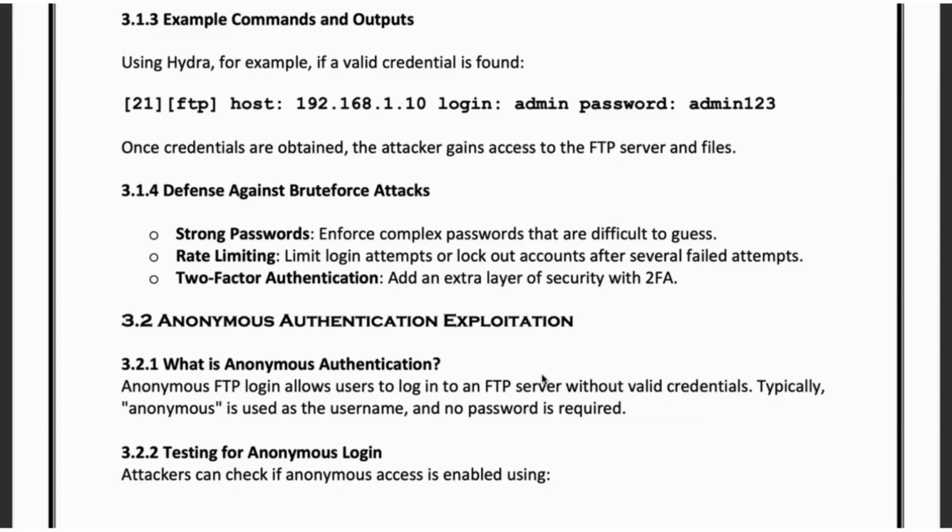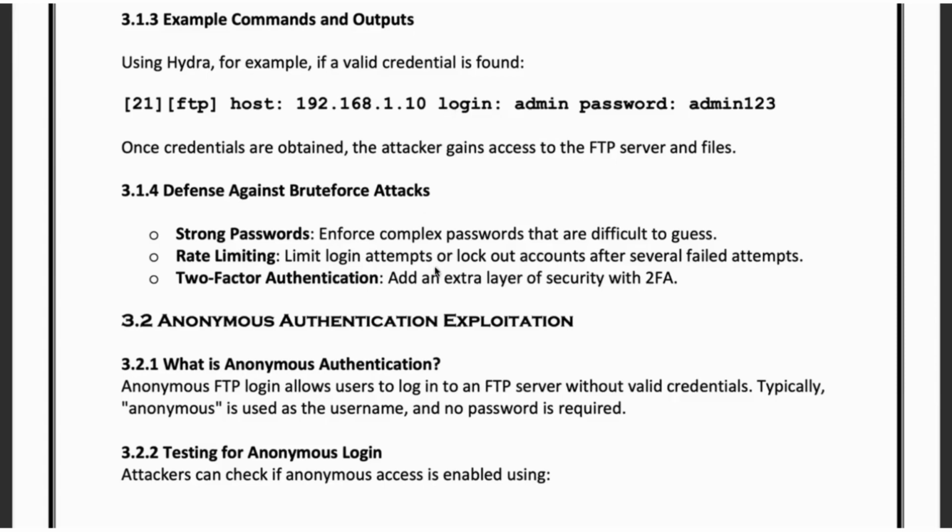Also, you can use two-factor authentication as well. 2FA is a solution, but the main solution is using strong passwords. If you create a combination of alphanumeric plus special characters, then the chances are high that an attacker will not guess your passwords.